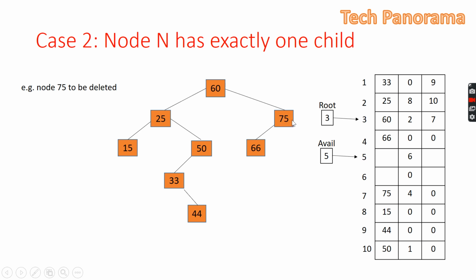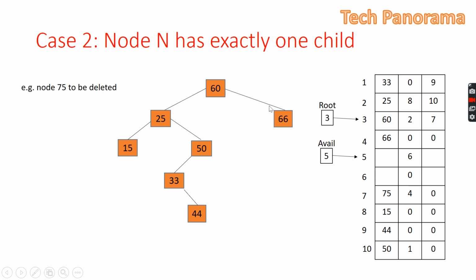When we delete this 75, there will be some changes in the pointers, as to where the 66 will go, or which node the 60 will point to. When we delete a node which has exactly one child, its child takes its place. Like here, when we delete the 75, then 66 will be placed at the 75th position, right?